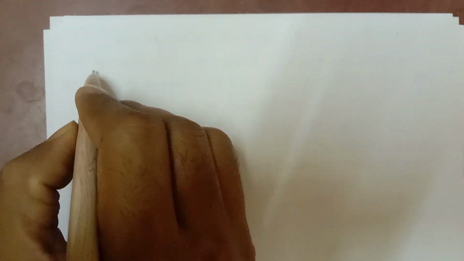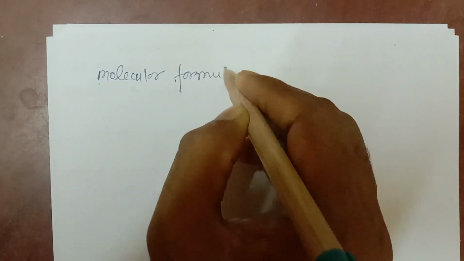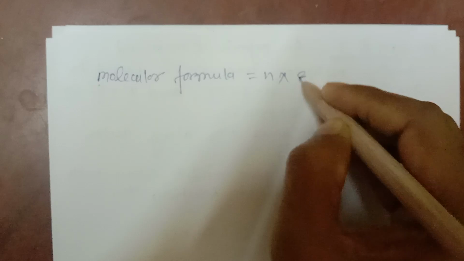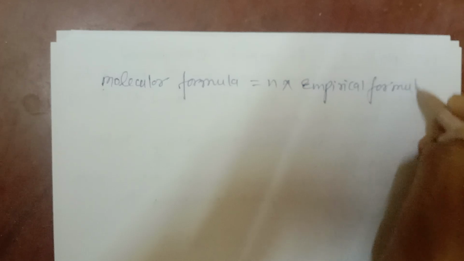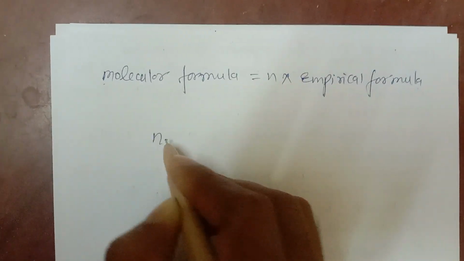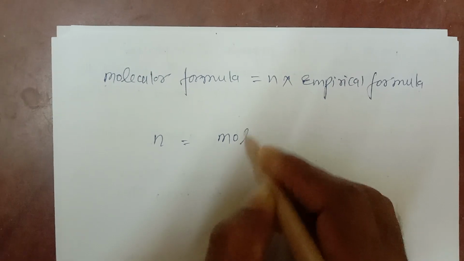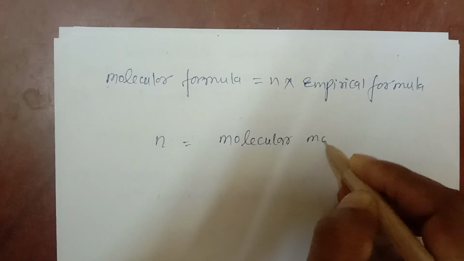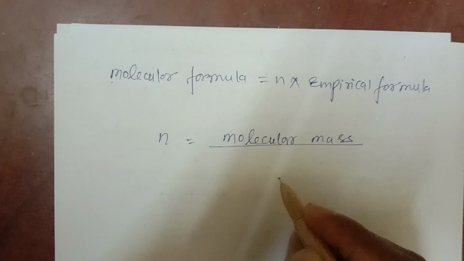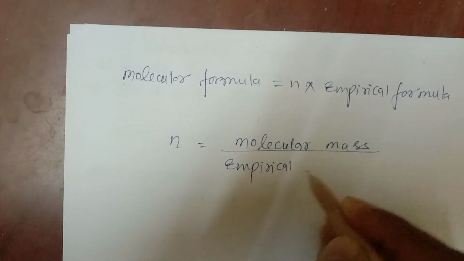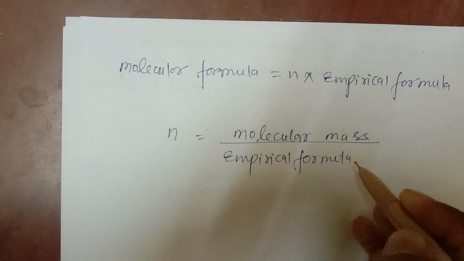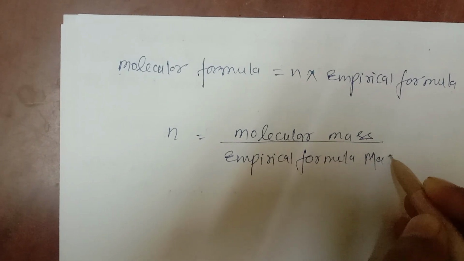Molecular formula equals n times the empirical formula, where n equals molecular mass upon empirical formula mass.